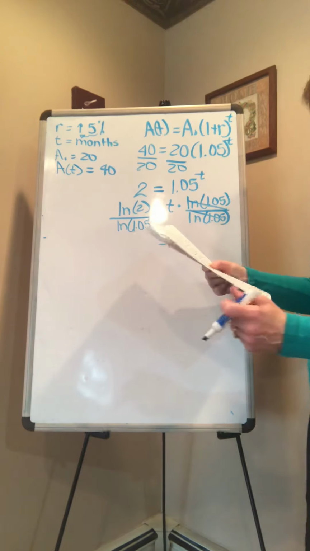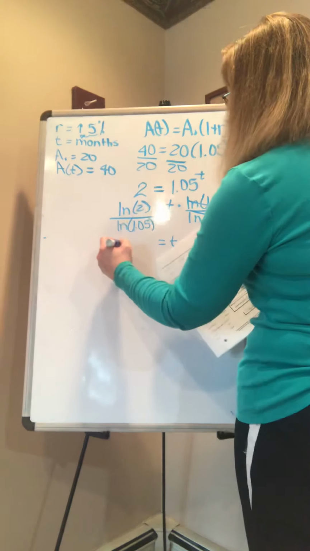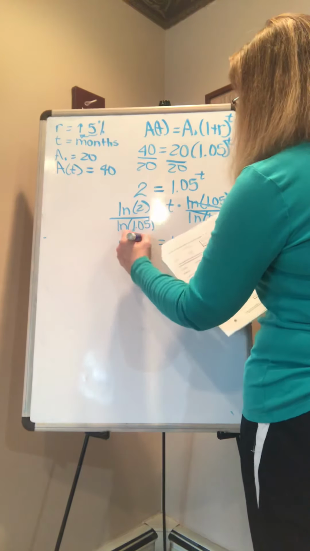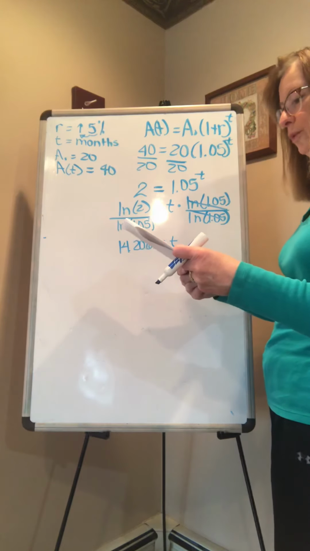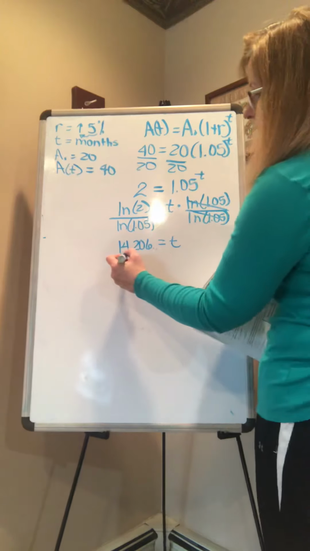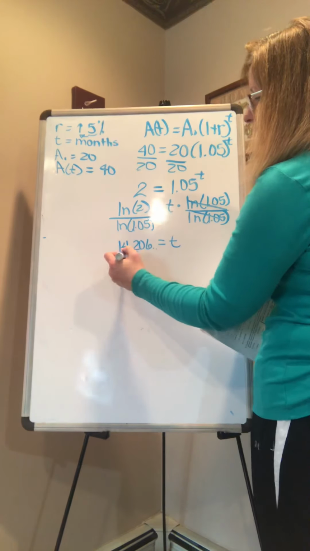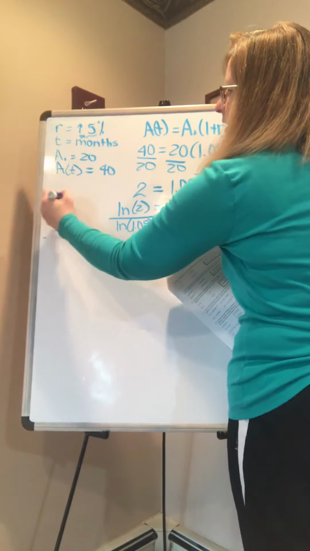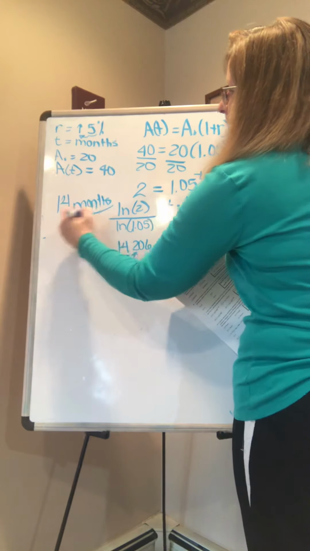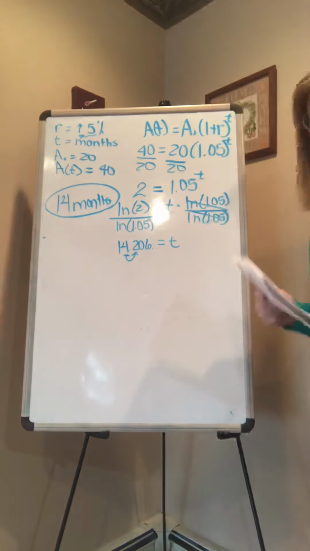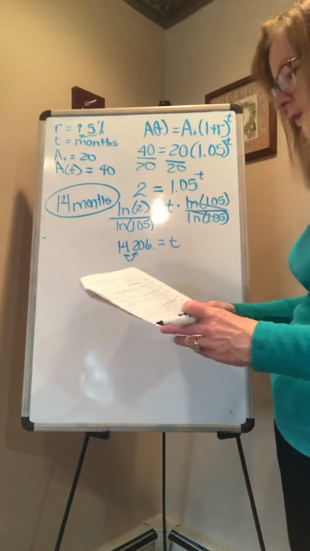And I get 14.206, and it's going on, but they told me to the month. So from 14, I'm looking at the 2, and I get 14 months. Not a lot of time, a year and 2 months, and I have 20 bunnies running around my backyard.